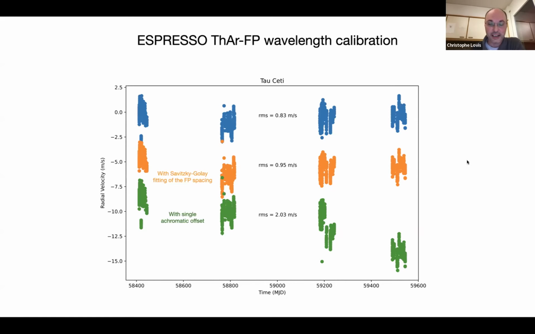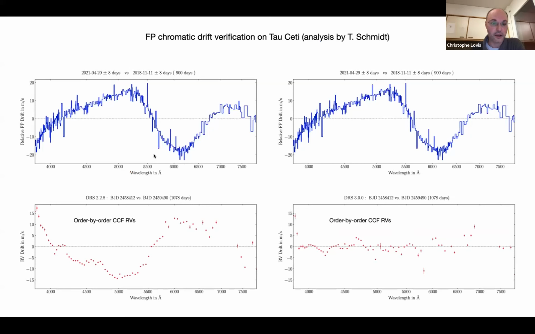And finally, I show again what Tobias showed this morning. Tobias made a similar verification, just taking two different epochs of ESPRESSO, 2018 versus 2021, so roughly 2 or 3 years apart. You can see on the top plots the relative FP drifts in meters per second as a function of wavelength.